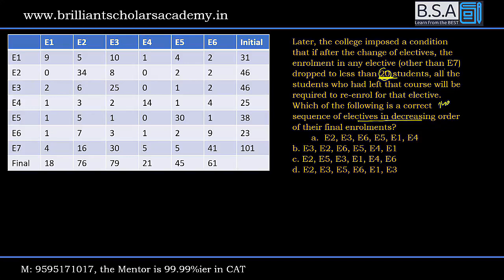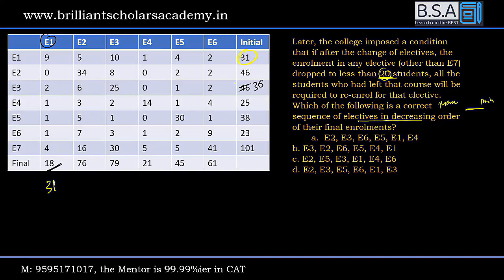Decreasing means maximum to minimum. See, this is the one that has dropped below 20. E1 has dropped below 20. So now everyone will be told to come back. That means E1 is going to become 31 again, because it was 31 initially.